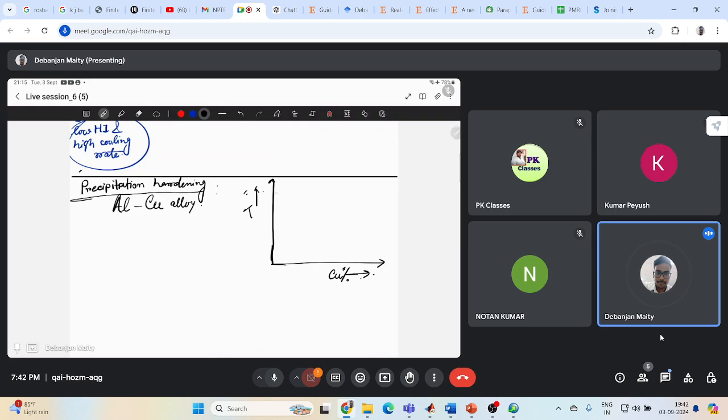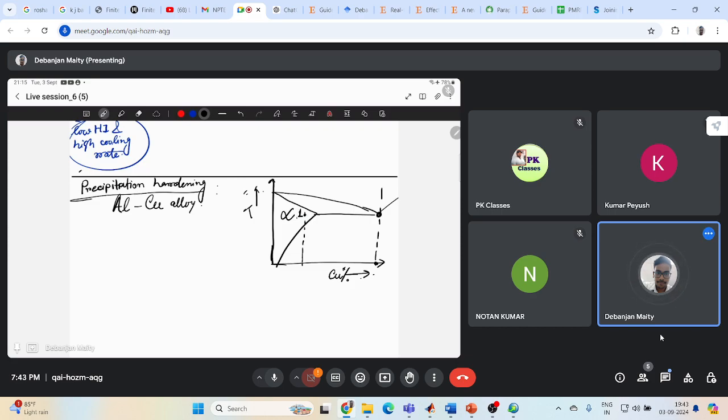This is somewhat the same. So it will look something like this. I will just stick to the eutectic part. I hope these terms are familiar. You are familiar with these terms, right? Eutectic. I had talked about eutectic in one of the classes.